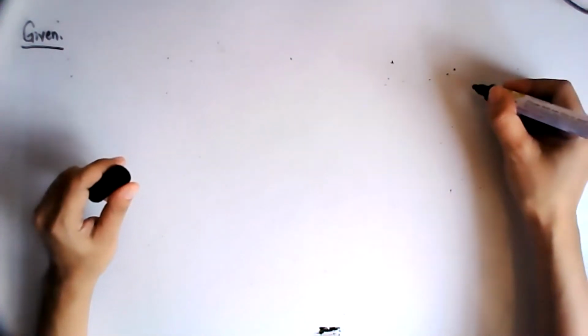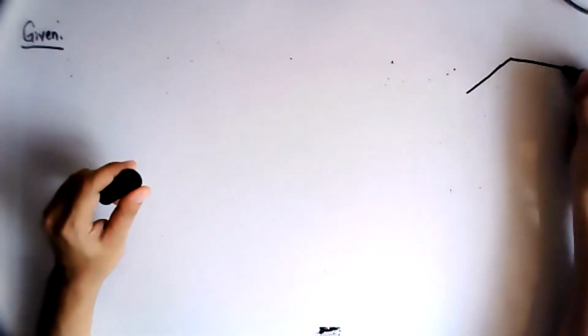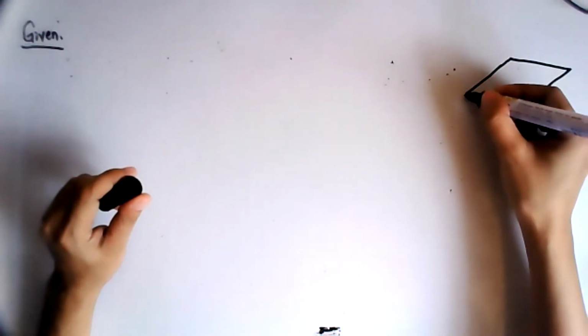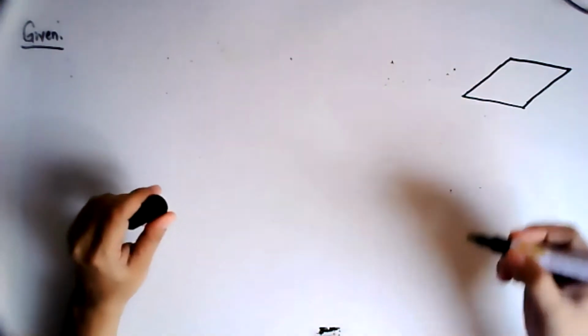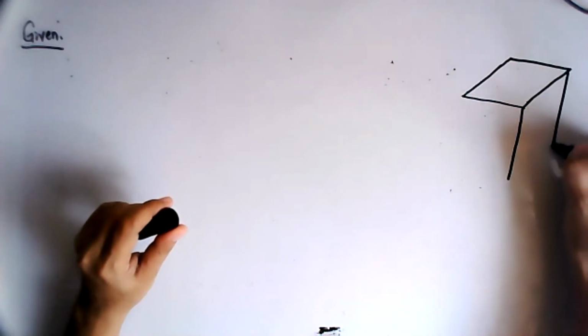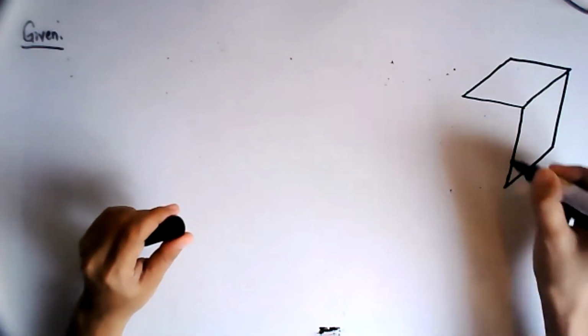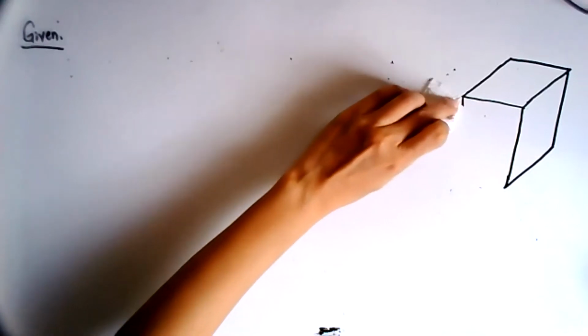So when you say regular square prism, that would mean we have a square base, so that we have a square base for the regular square prism. Okay.